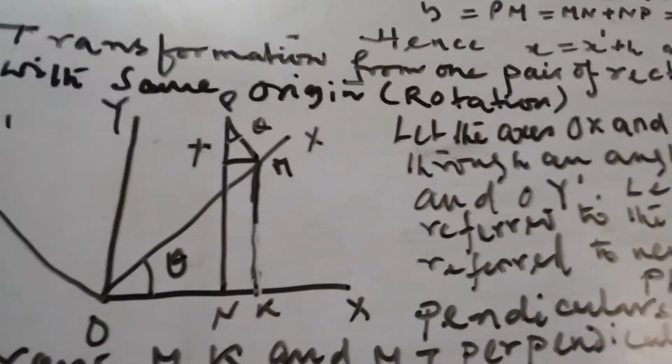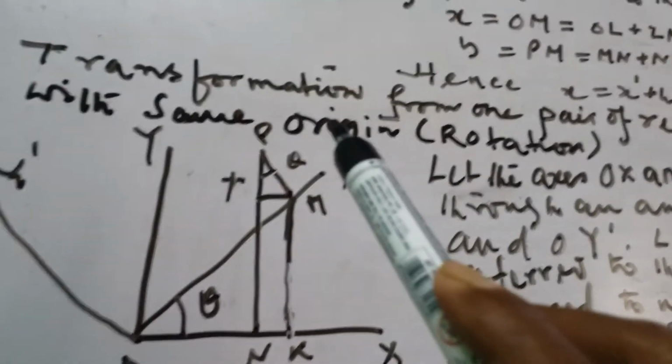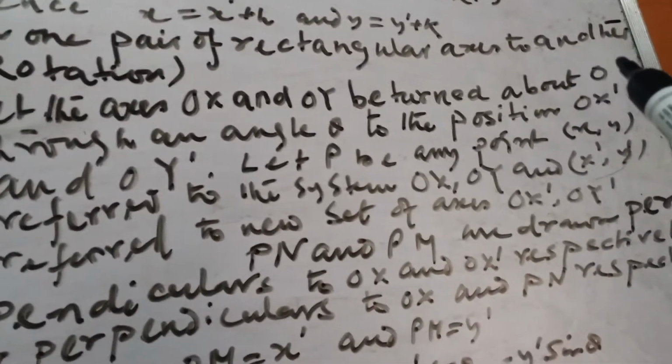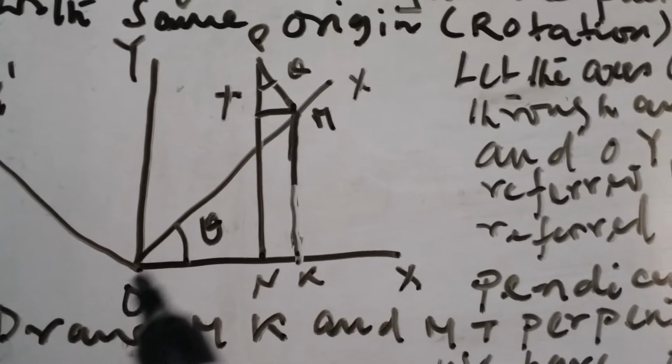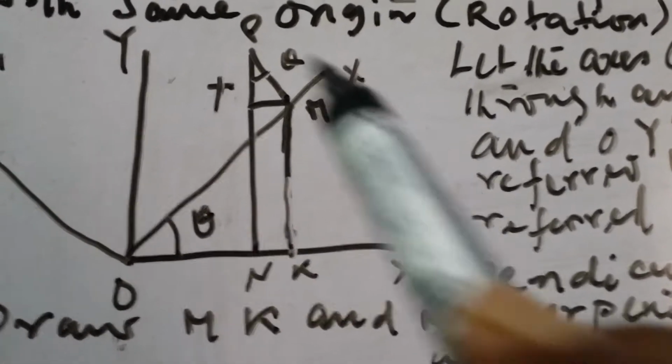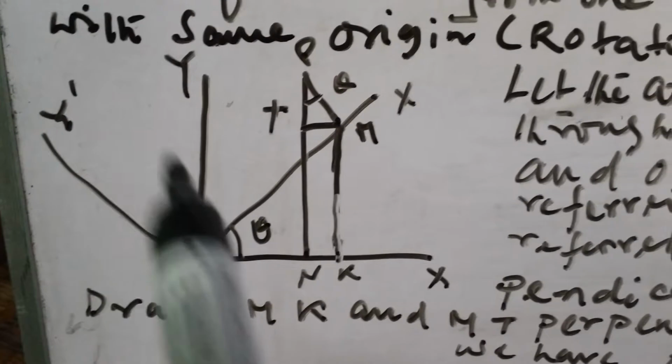Now the transformation from one pair of rectangular axes to another with the same origin. Here OX is rotated by angle theta. So this is OX dash and this is OY dash.